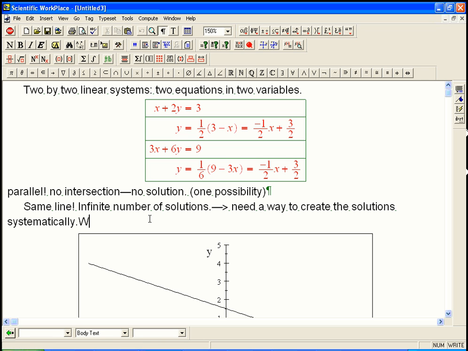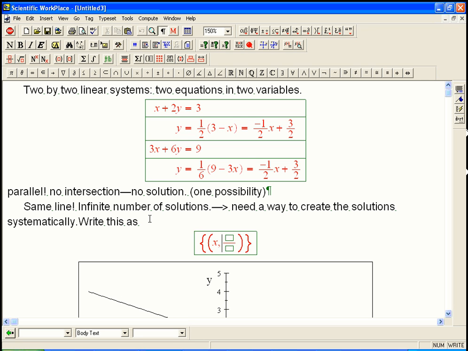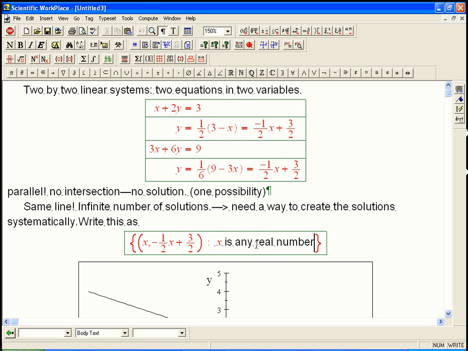So the way we write the solution set is all pairs x and minus 1/2 x plus 3/2. We just solve for one of the variables in terms of the other. Here it's usually y in terms of x, but there's no incredible need for that. Then just say it's all of these where x is any real number.